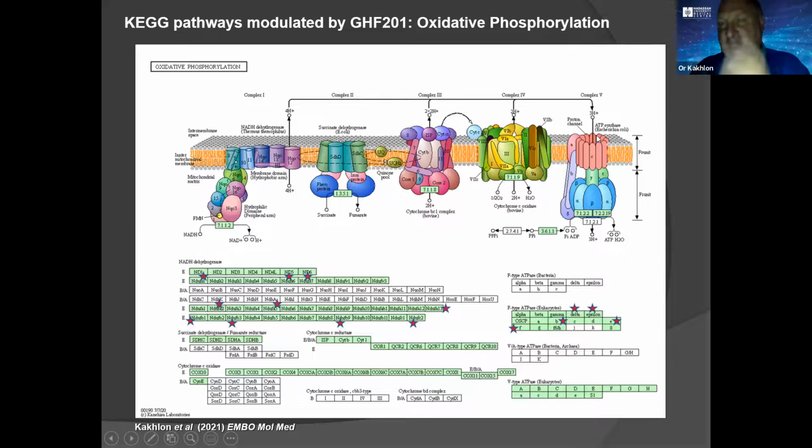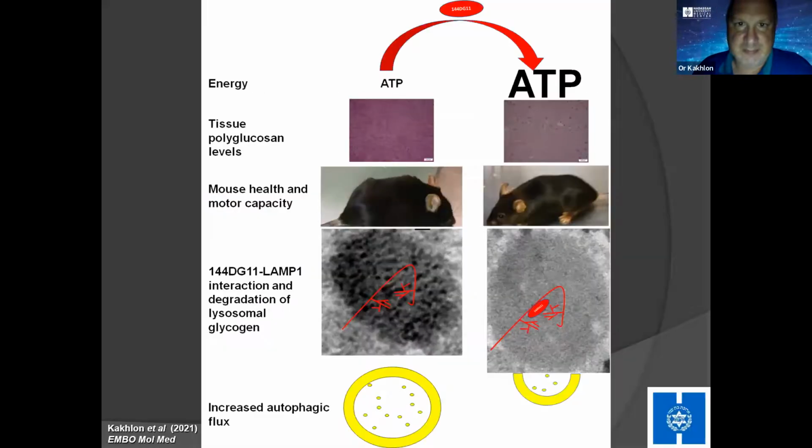So these are exactly the cellular pathways that we predict should be affected. So also at the protein level, the proteins which are modified by the compound are related to lysosomal function and to oxidative phosphorylation. This is very interesting because it also matched with our other results.